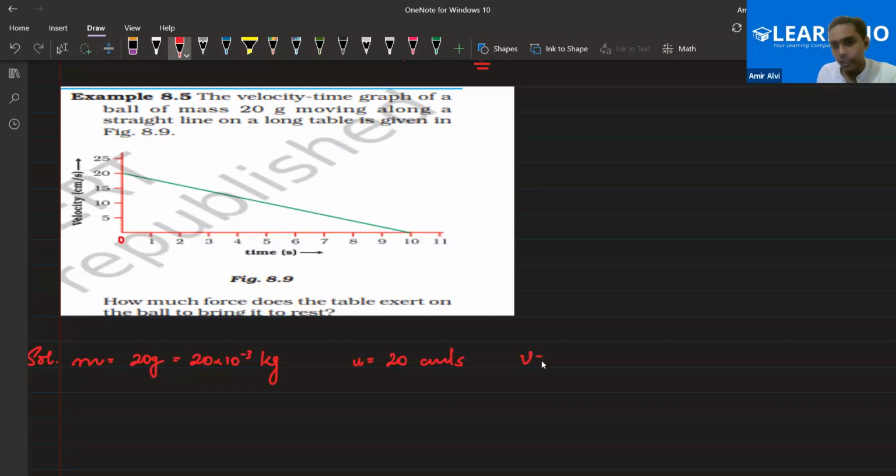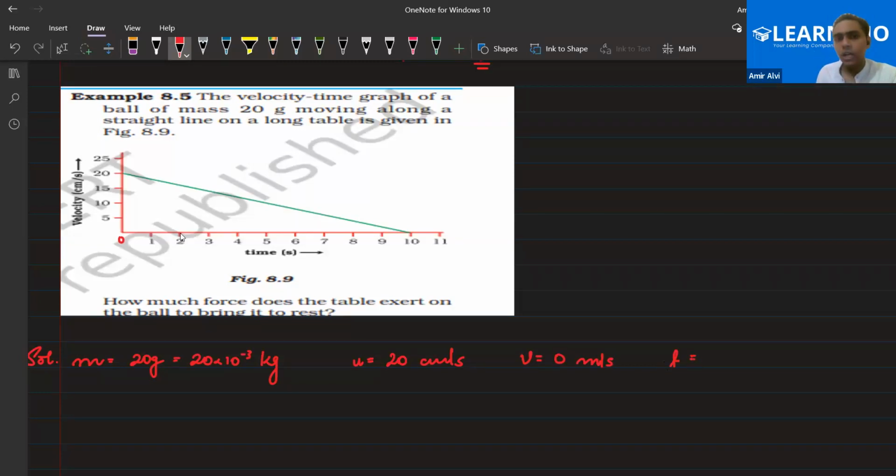And at t = 10 seconds, the final velocity was 0 meter per second. As you can see, this is a time interval, not a specific point or instantaneous point. It took the interval 0 to 10 seconds to come completely to rest.